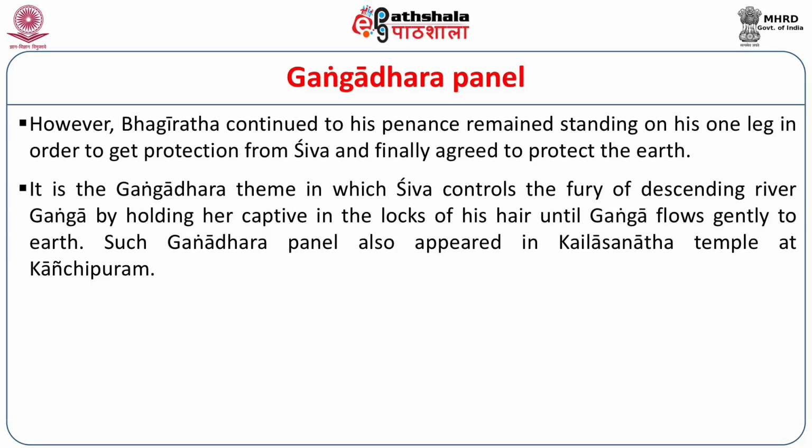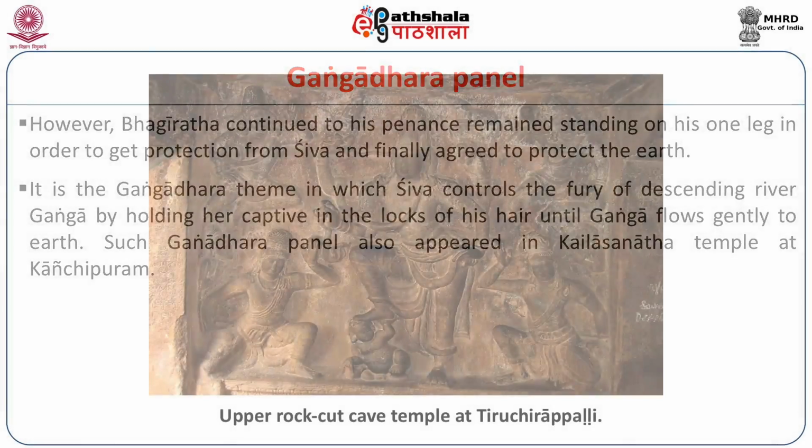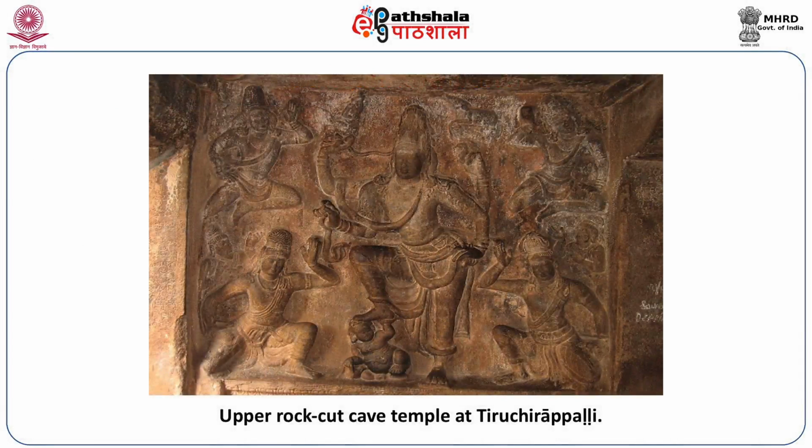Such a Gangadhara panel also appears in the Kailasanatha temple at Kanchipuram. And this one is in the upper rock cut cave at Tiruchirappalli. We could see that Shiva's right leg is placed on the Apasmara, and a very important feature of Pallava art is that the yajnopavita runs on the right hand of the sculpture, whether Shiva or Vishnu.